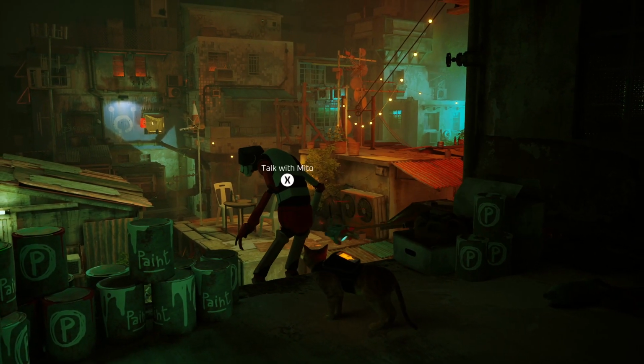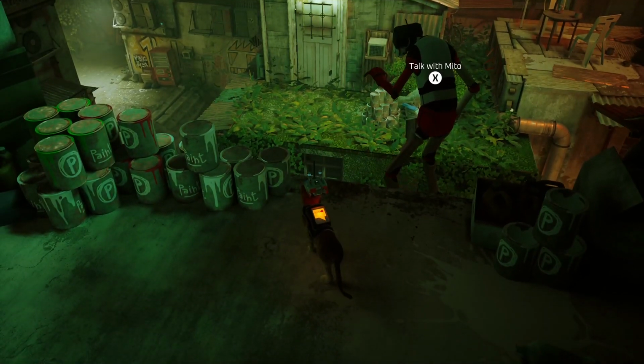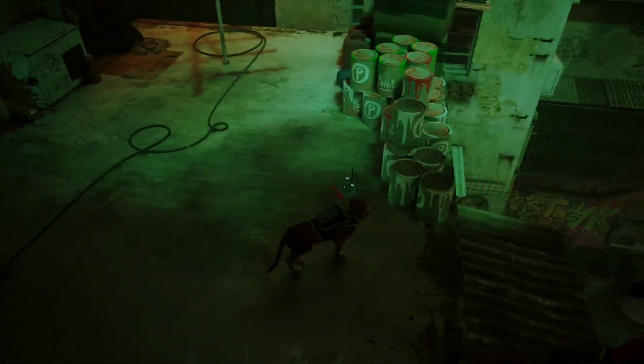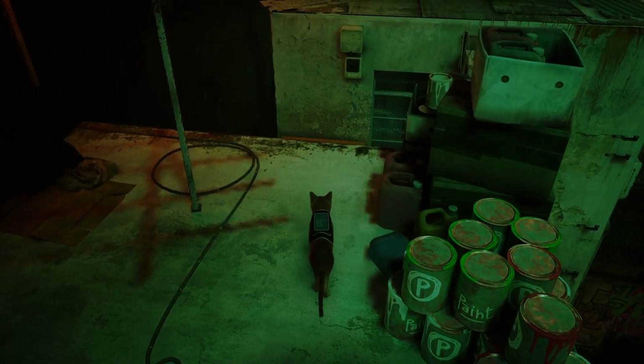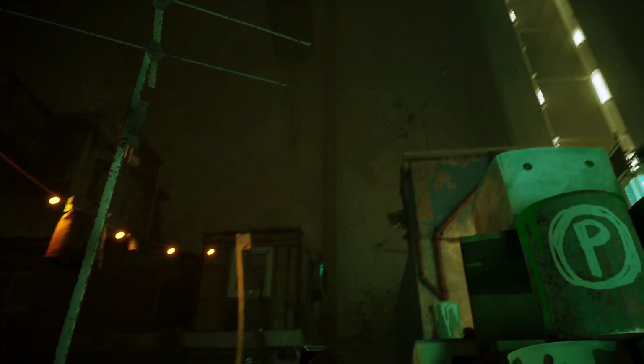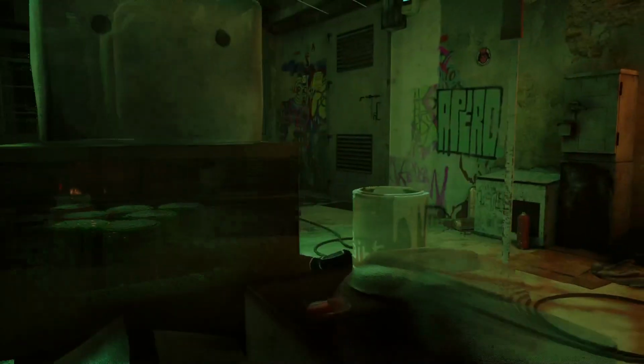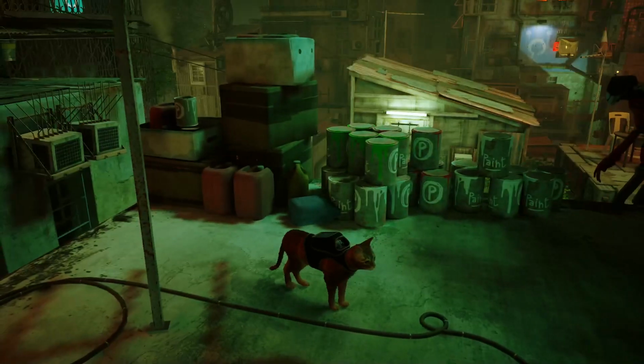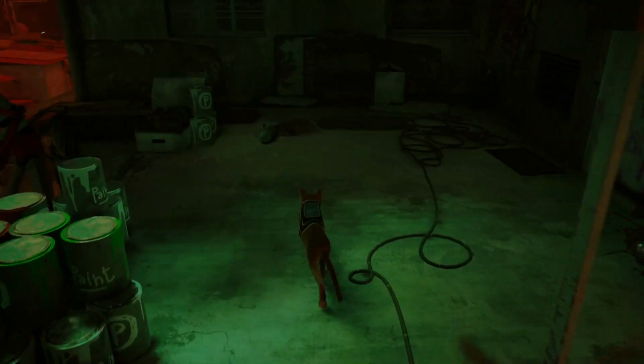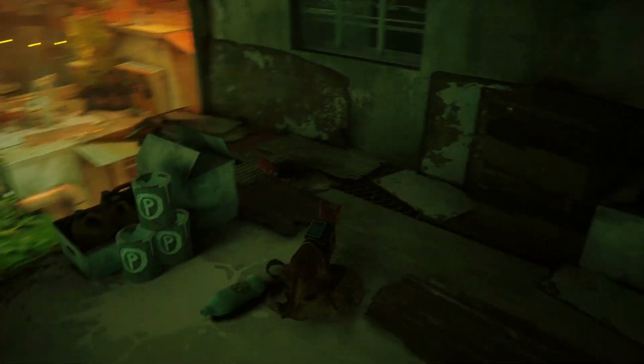Not again, yeah. What they're doing with all these paint cans, it doesn't look like anything's actually been painted in centuries.